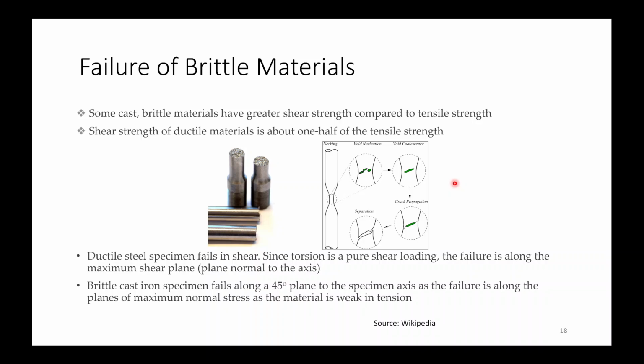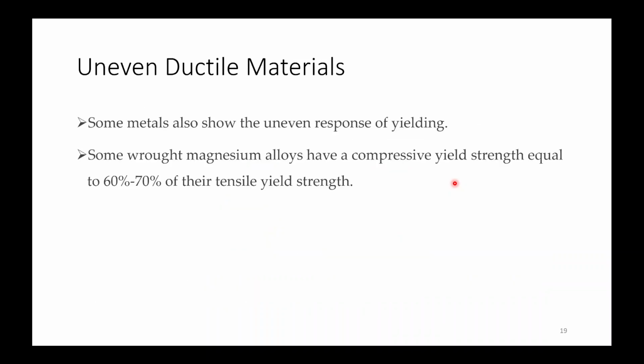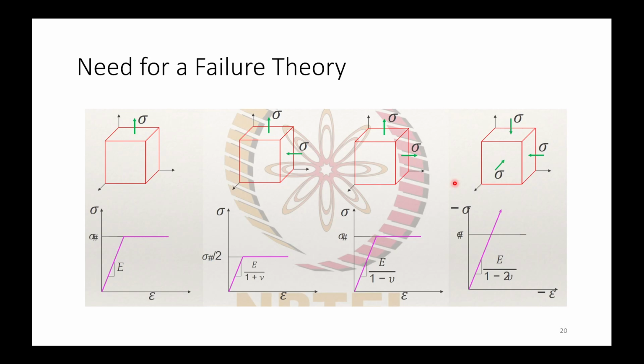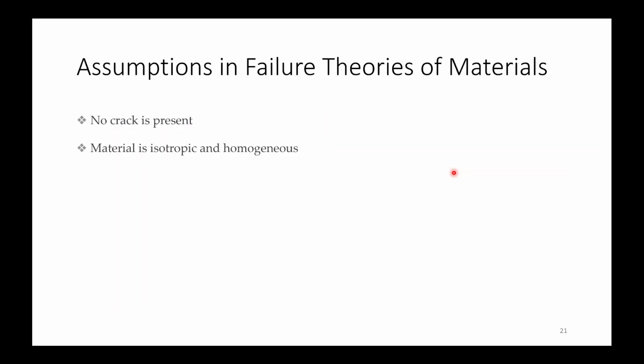So for defining these, we require different theories for different types of materials. In these theories, we assume that there is no crack present, and the material is isotropic in nature and homogeneous in the entire region.